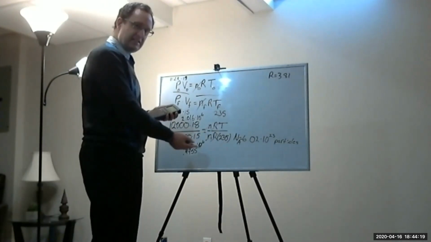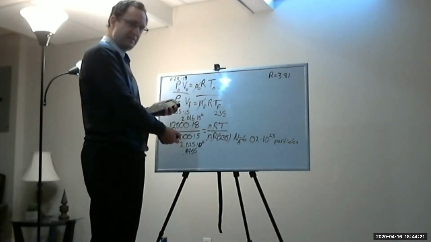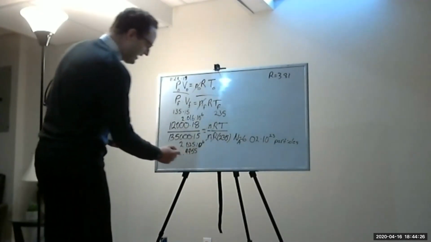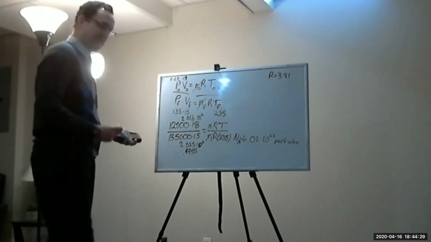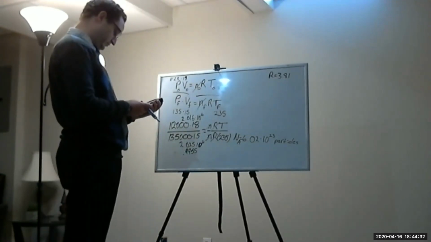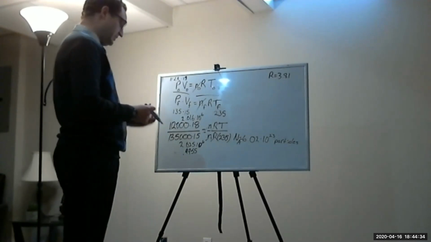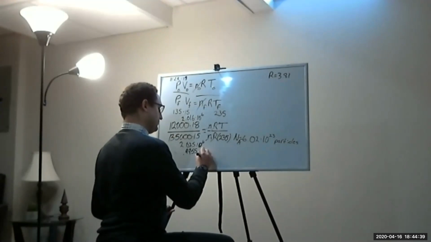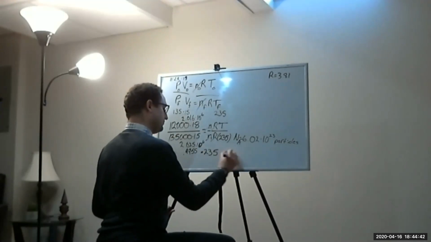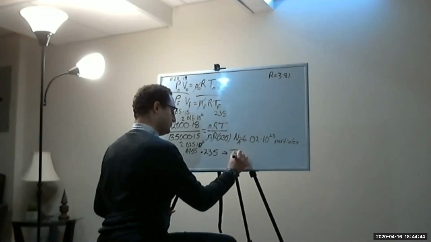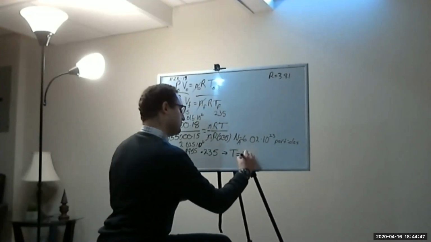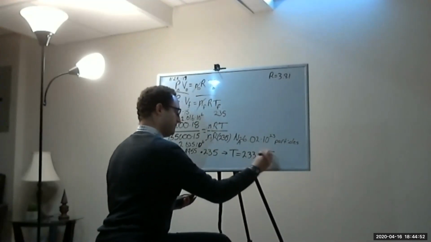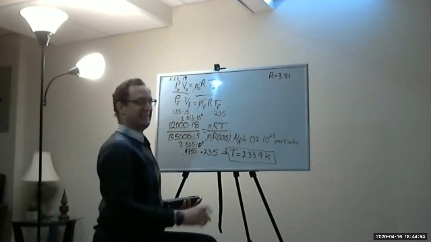I can multiply the 235 to the other side to see what T should be. So 235 times 0.995, I get 233.9 Kelvin.